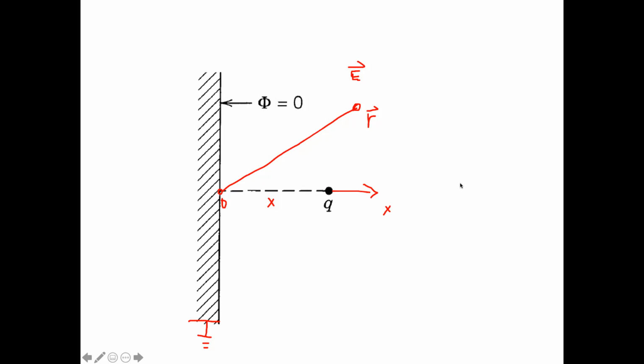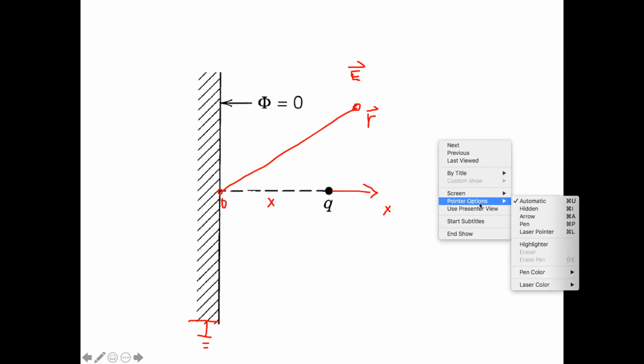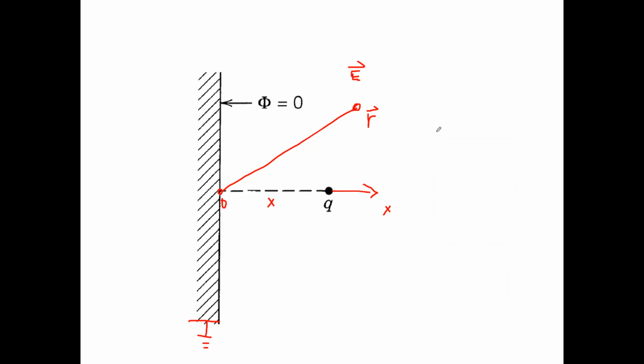Let's draw a picture here to illustrate the field lines. I'll draw a new picture, which is a conductor and charge Q. Intuitively, what does the field line look like?